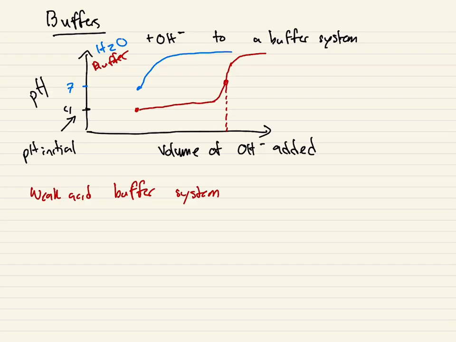Right, if we're adding base, we know that we're adding that to the solution, and we have a weak acid buffer system, what's going to react with that in our neutralization reaction, right? Because we know one of our products is going to be what for sure? Water, right? In our neutralization, we're always going to have water, and we just need to figure out how is this weak acid buffer system working? Right? How are we going to create water? What are we missing? Filling in the blanks here.